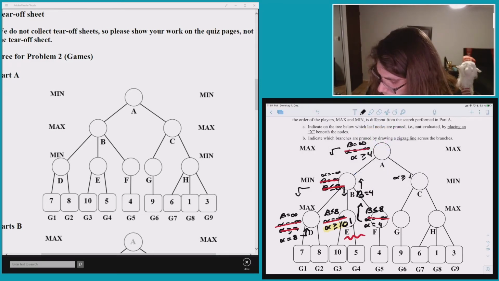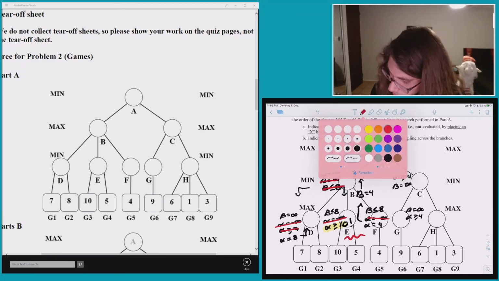Alpha is greater than or equal to 4. It's inherited from the root node. Beta is equal to infinity. And then this again, beta is equal to infinity. Alpha is greater than or equal to 4. And then it sees 9.